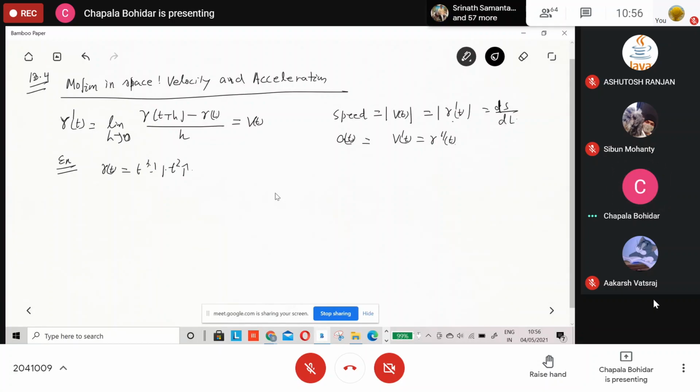Find its velocity, speed, and acceleration when t is equal to 1. You can do it yourself and tell me the result.